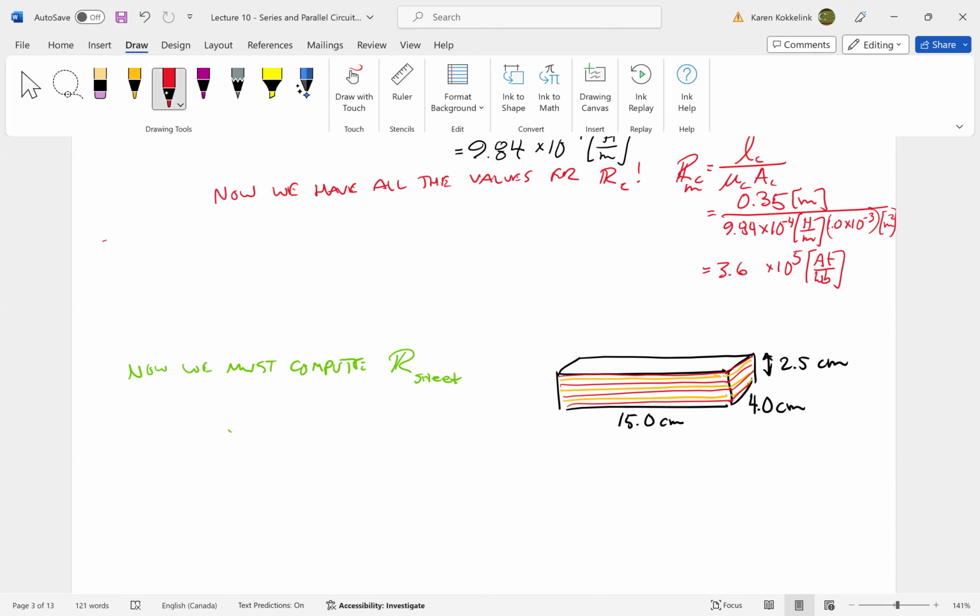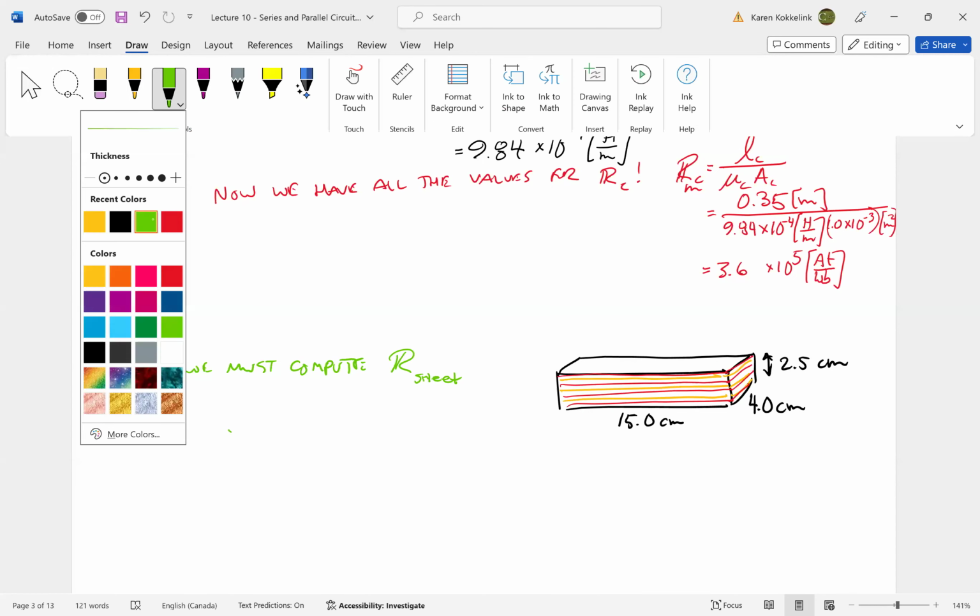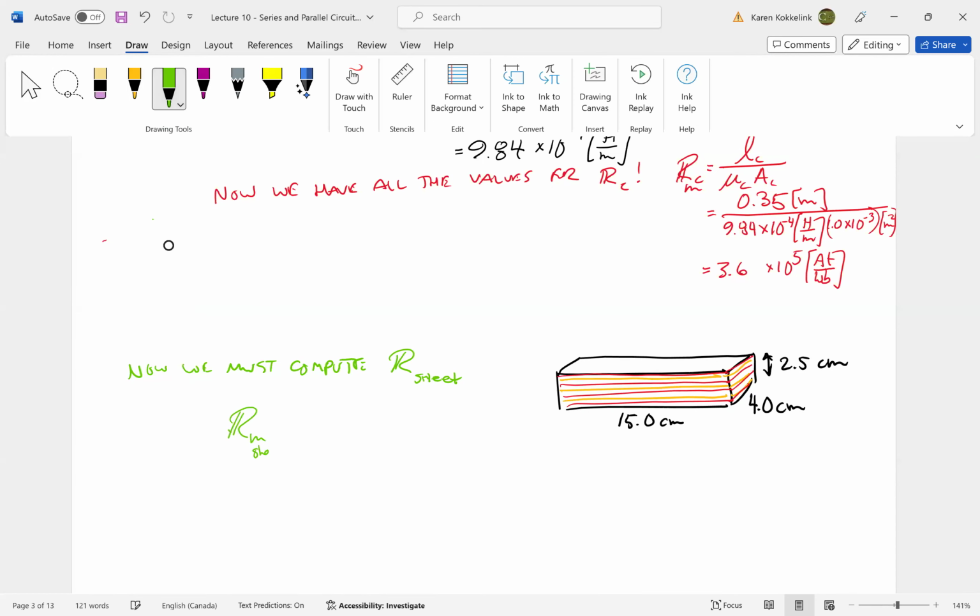All right, so the reluctance of the sheet is going to be our same equation for reluctance, which is always our equation for reluctance. It is the length of the sheet section over the permeability of the sheet section times the cross-sectional area of the sheet section.